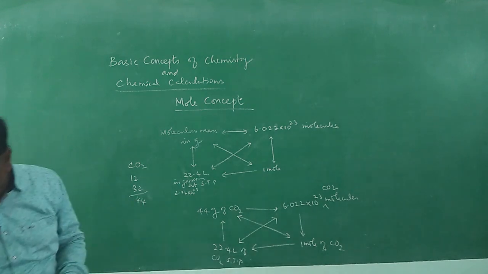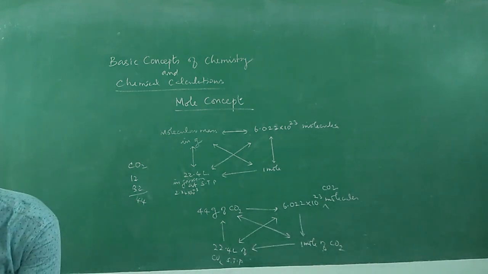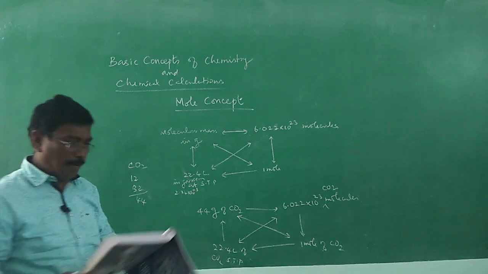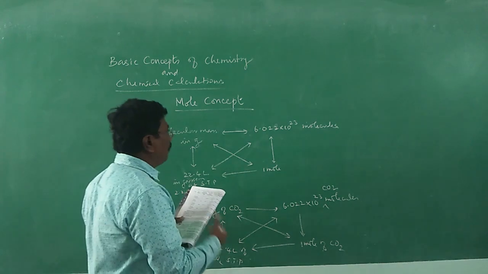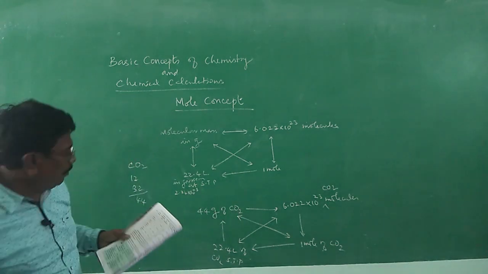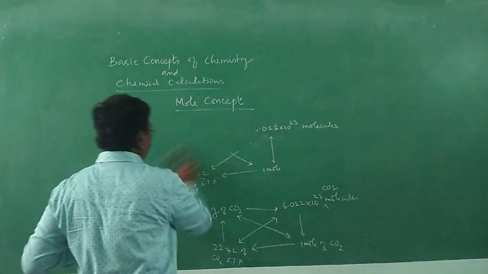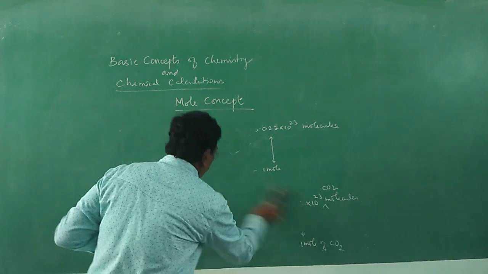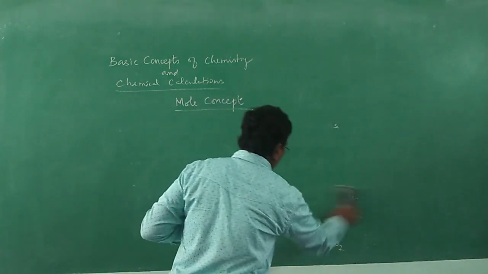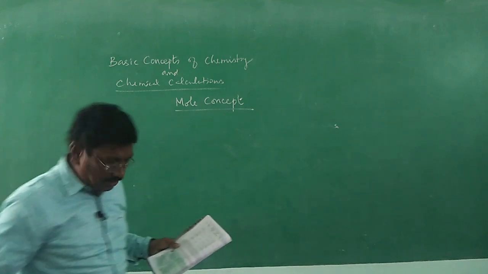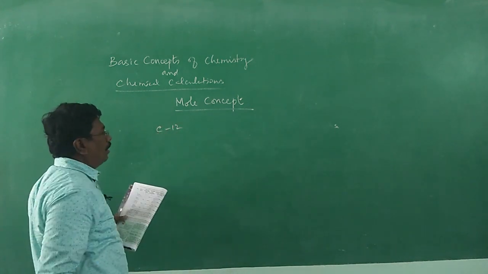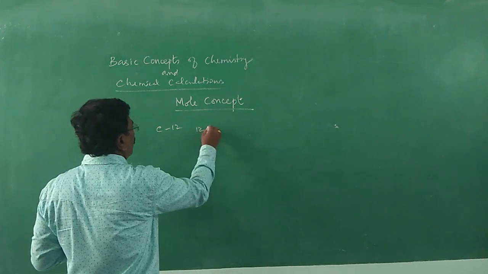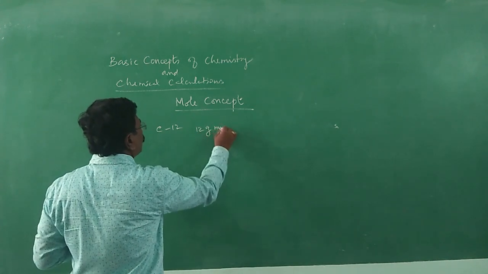Now let me explain the concept of mole with an example given here. What is it? They have taken elemental carbon. Carbon is taken as an example. In the book, 2-3 examples are given. Let us start with carbon. Carbon 12. Carbon 12 isotope means naturally gram atomic mass will be 12 gram per mole.